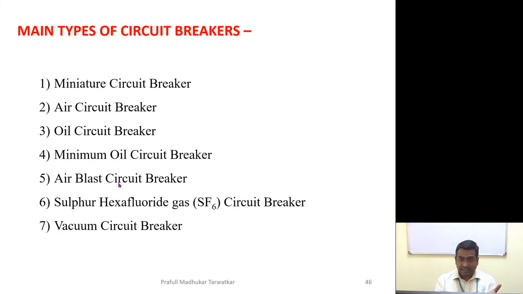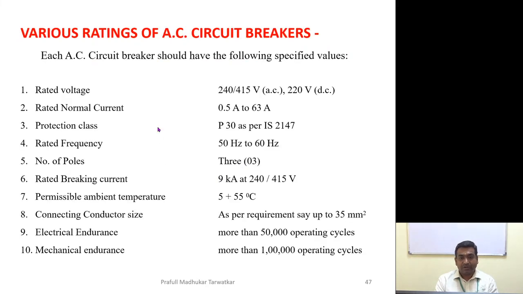Then air blast, either natural air or forced air. Then sulfur hexafluoride or SF6 circuit breaker, wherein SF6 gas is used as the arc quenching medium. Then vacuum circuit breaker, where high pressure or vacuum is used as the arc quenching medium. So these are the main types of circuit breakers.